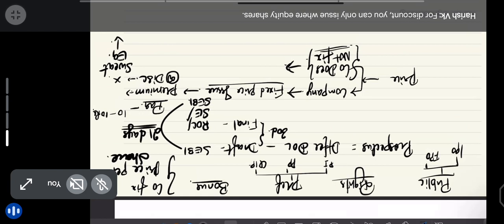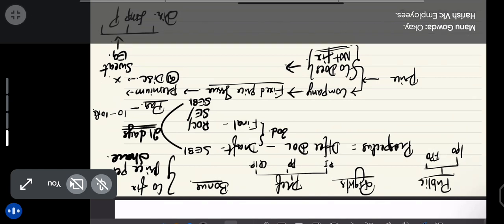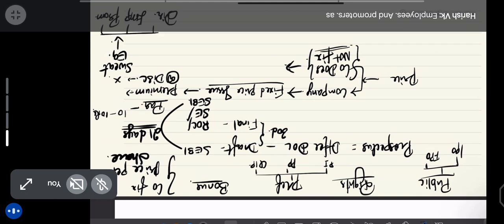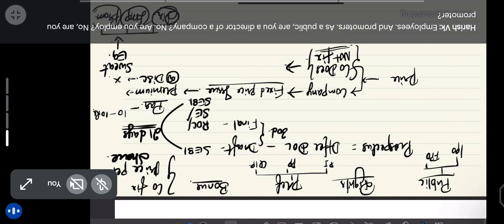And sweat equity shares are only given to whom? Directors, employees, and promoters. As a public, are you a director of a company? No. Are you an employee? No. Are you a promoter? No.